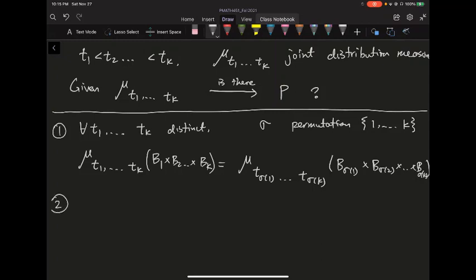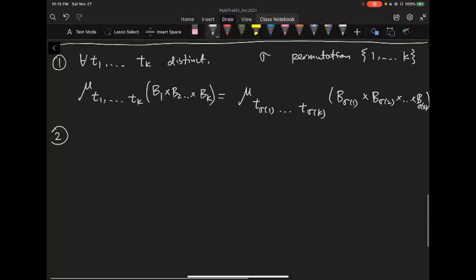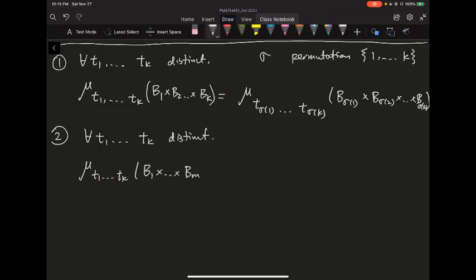The second condition is even easier to think about. Suppose I pick any, say again, t1 up to tk, which are distinct. I look at t1 up to tk and these boxes, say B1 up to some Bm, but for the rest of them, I have the reals. So I cross all the reals. Basically I have m of these Borel sets, but for the remaining k minus m of them, I just take the whole thing.